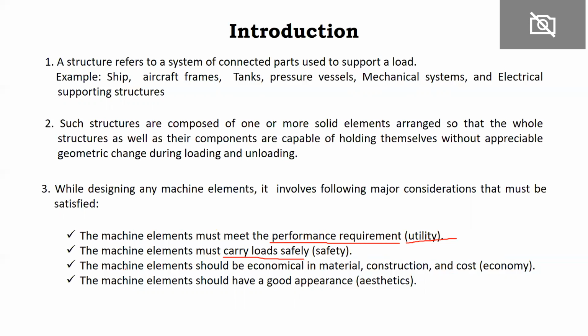Third, the machine element should be economical in material, construction and cost. Its cost should not be more. Fourth, the machine element should have a good appearance. These are the four things we have to incorporate in any machine element or structure. These are the points which belong to the common category.